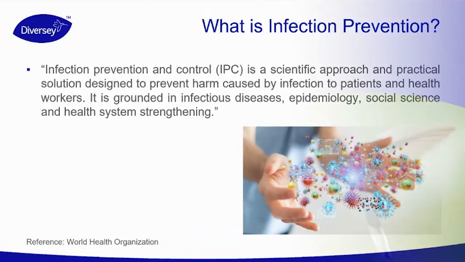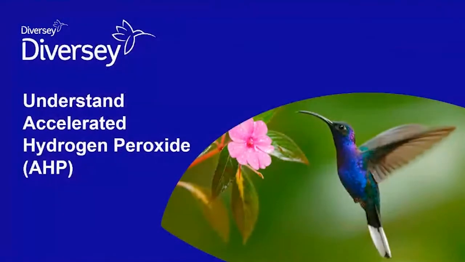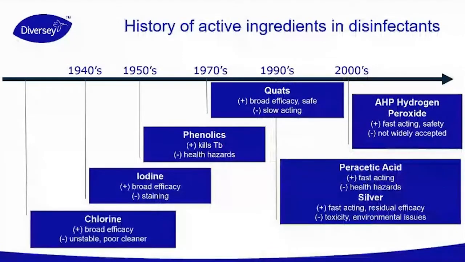But first, we need to understand what is accelerated hydrogen peroxide. So a bit of a history of the active ingredients in disinfectants. We all know chlorine, which is the oldest active technology for the disinfectants. It has broad efficacy, however, it is unstable and it's a poor cleaner.